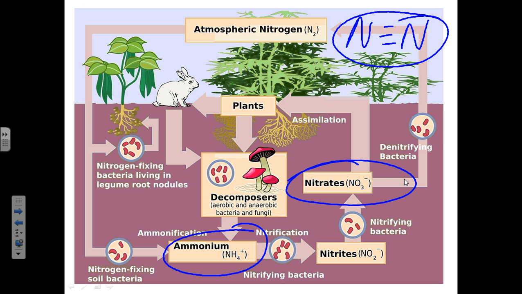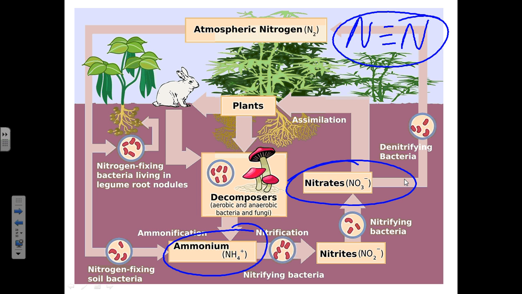If you've ever been to Home Depot or Lowe's and bought a bag of fertilizer, what do they say on the label? What's in there? Nitrogen rich. A lot of them say ammonium nitrate. That's what most fertilizers are, some form of that. Because the reason for putting fertilizer on the soil is to increase the amount of nitrogen in the soil, the amount of nitrogen that's usable for the plants.